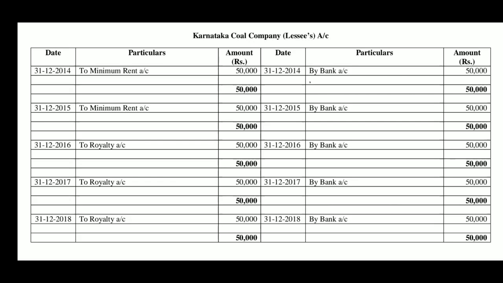In the last year also, though actual royalty is 80,000, 30,000 surplus royalty has been utilized for the purpose of recoupment. Balance royalty is 50,000 which is due from the lessee. Therefore, Karnataka Coal Company lessee's account debtor to royalty account 50,000 when it is received, lessee's account credited by bank account 50,000. In this way, the lessee's account is prepared by the lessor.